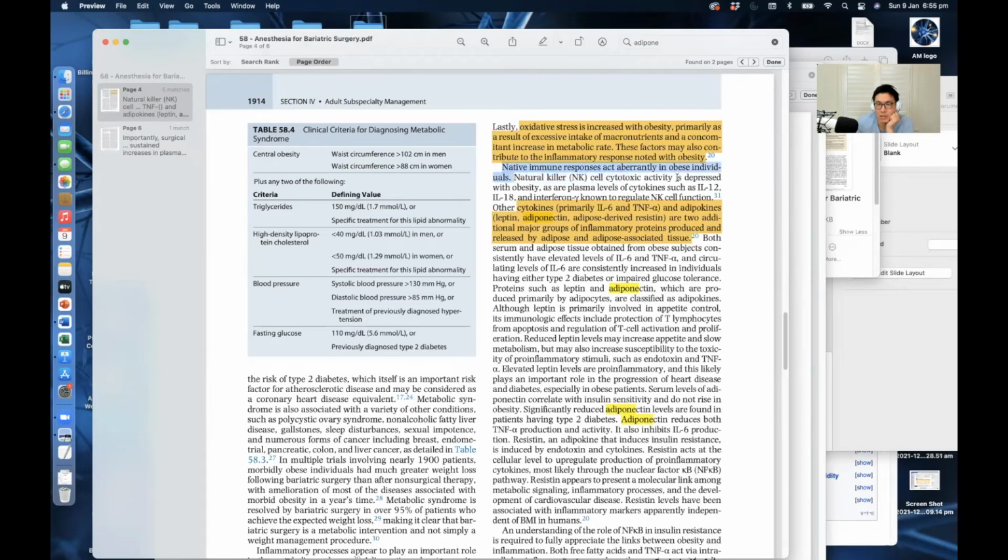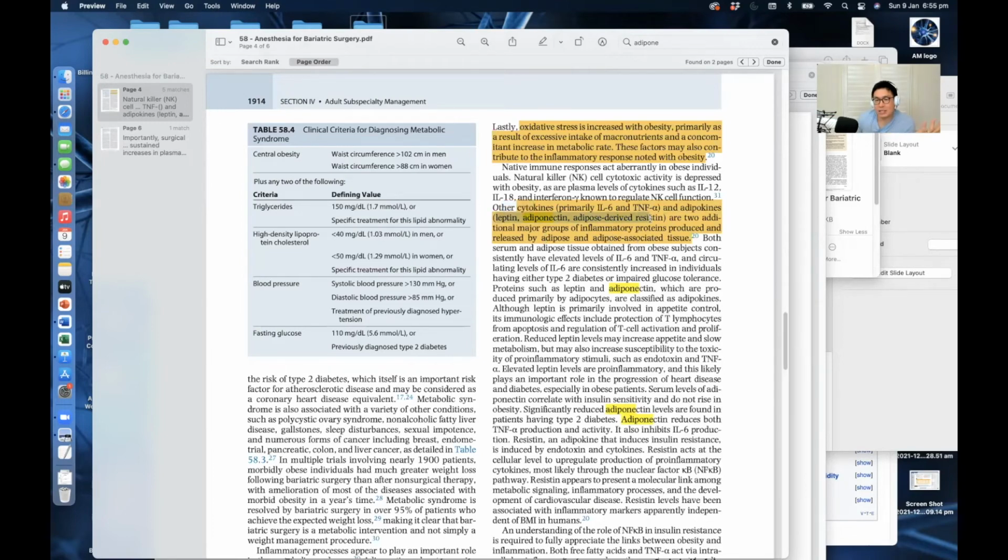Natural killer cell cytotoxic activity is depressed with obesity, as are levels of cytokines such as interleukin 12 and 18 and interferon gamma. Other cytokines, primarily interleukin 6 and TNF alpha, and adipokines, leptin, adiponectin, and adipose-derived resistin, are two additional major groups of inflammatory proteins produced and released by adipose and adipose-associated tissue.